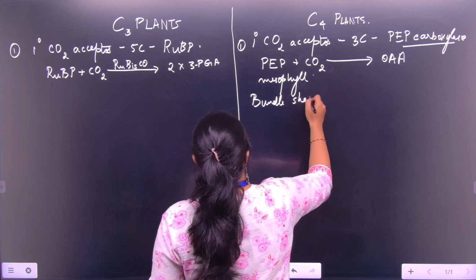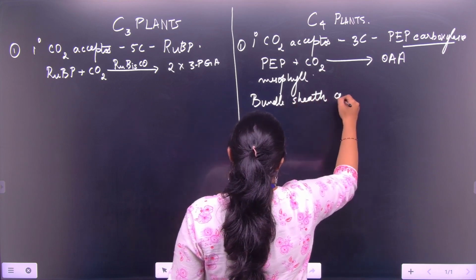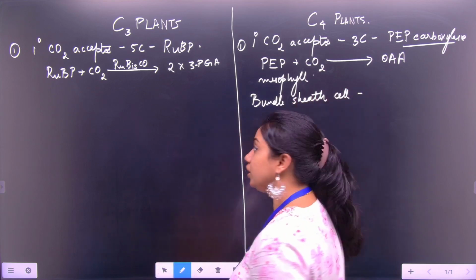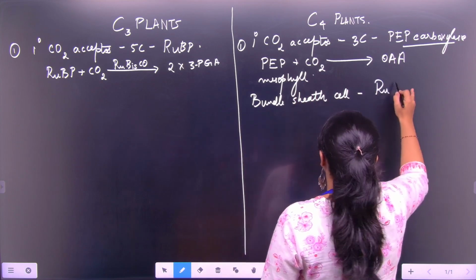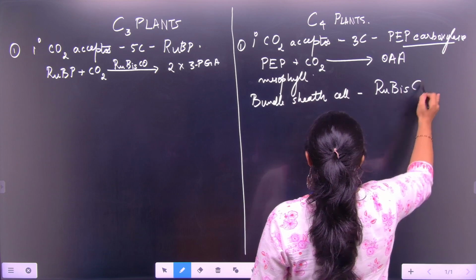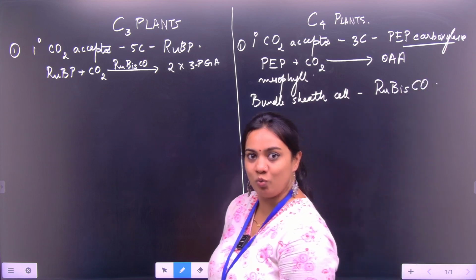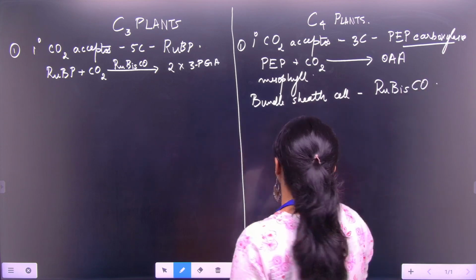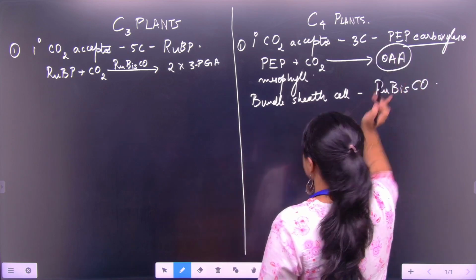bundle sheath cell. Okay, so in the bundle sheath cell, there is going to be presence of Rubisco, and this Rubisco will continuously combine with carbon dioxide. Where does that carbon dioxide come from?